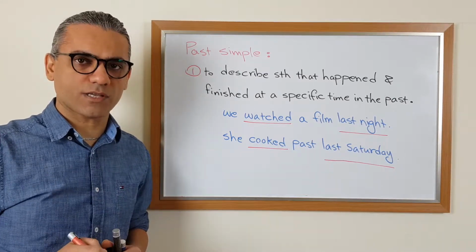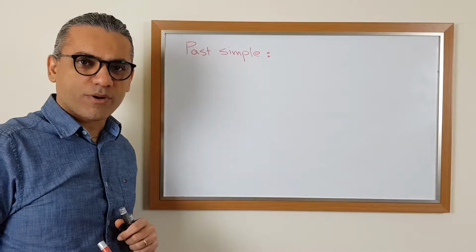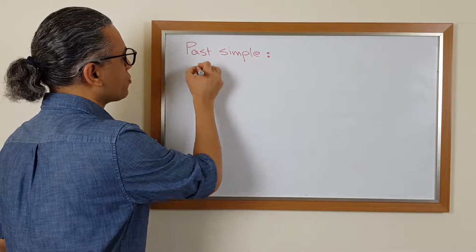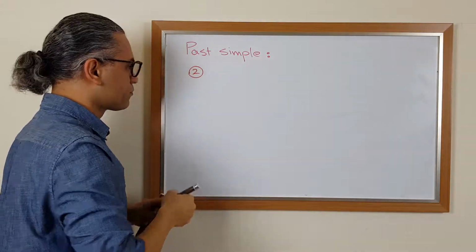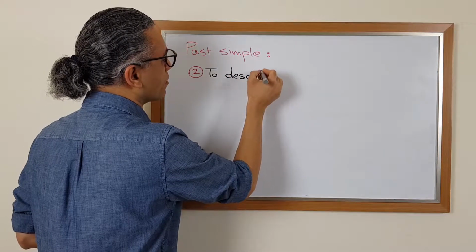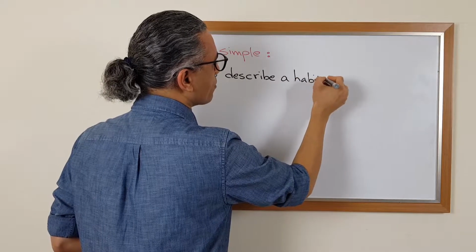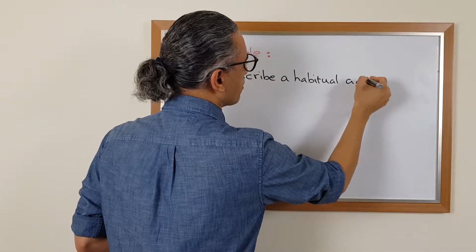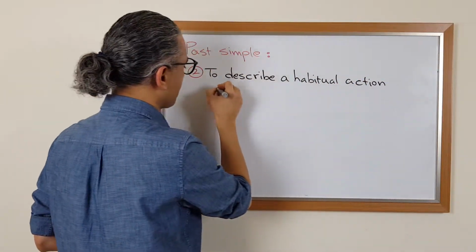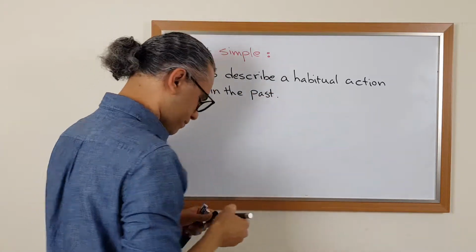at a specific time. Now, the second function of past simple in English, two, to describe a habitual action in the past.